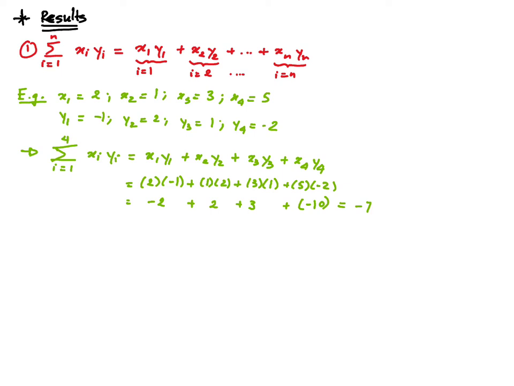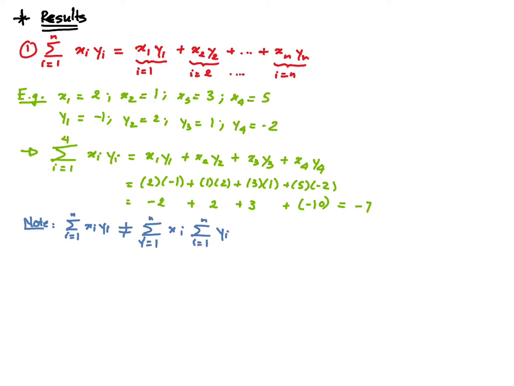Now there's one important note that I want to make, which is that the summation of xi times yi for i going from 1 to n is not the same as the summation of xi for i going from 1 to n times the summation of yi for i going from 1 to n.